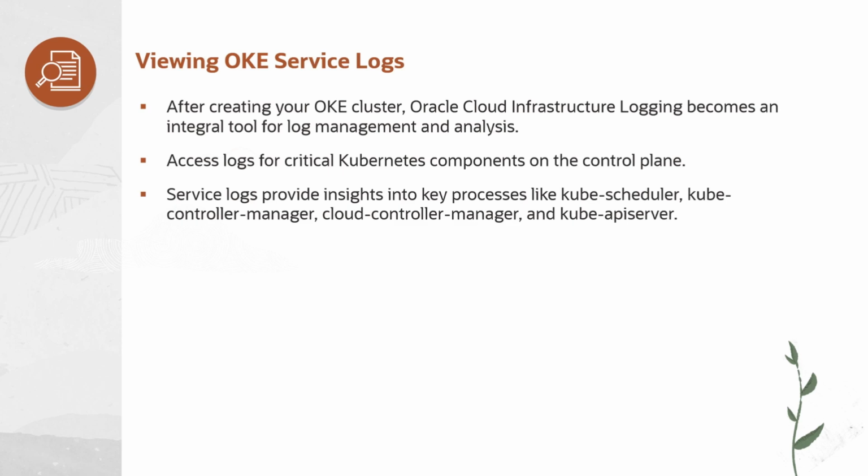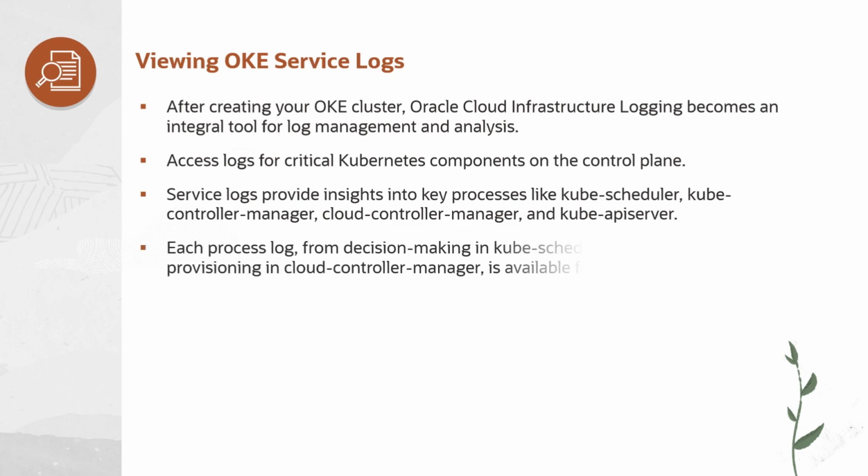These logs, referred to as service logs, offer insights into processes like Kube Scheduler, Kube Controller Manager, Cloud Controller Manager, and Kube API Server. Each process log, whether it's the Kube Scheduler making decisions or the Cloud Controller Manager provisioning load balancers, is available for scrutiny.